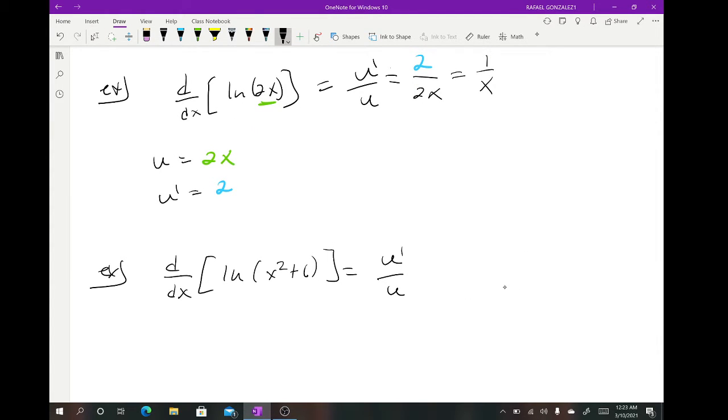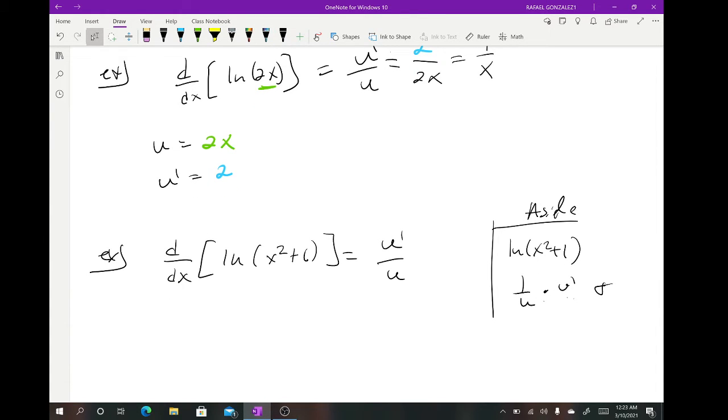As an aside, I think about it as 1 over u, and then I just multiply by u prime. I like to have them separate, and then I combine them. It just helps me keep the work separate. When you begin to get good at this, you'll see what I mean when you begin doing it in your head.